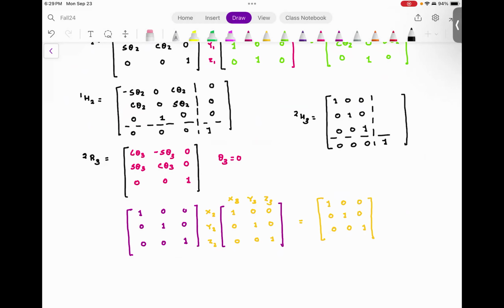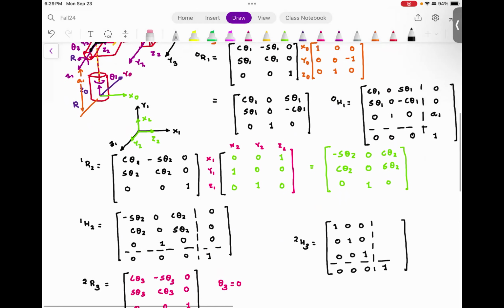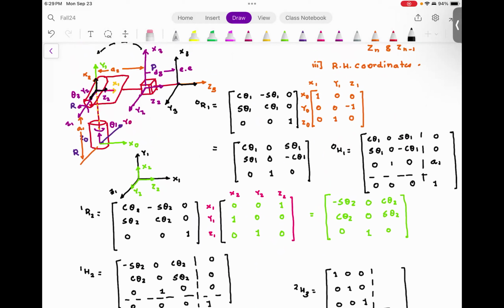Now I want you to think about this, the way this problem is set up, and tell me the relative distances between frame 3 and frame 2. Again, in this homogeneous transformation, here I'm looking at the distance between frame 3 and frame 2 in the coordinate frame of frame 2 about x.